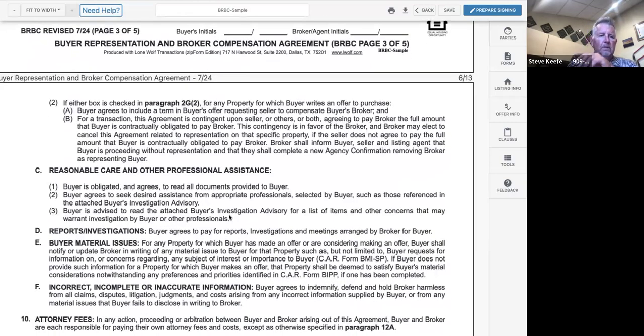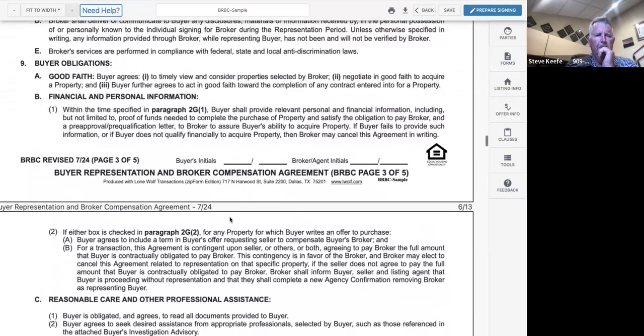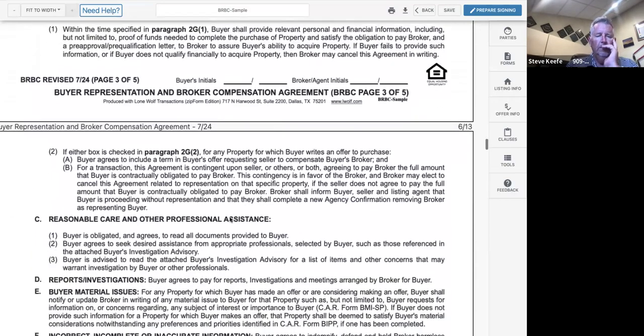Paragraph 9B2. If you remember back, there was a box that was checked that the buyer said they have no way of paying the buyer brokerage, or they are doing a loan that would not allow them to pay buyer's costs.